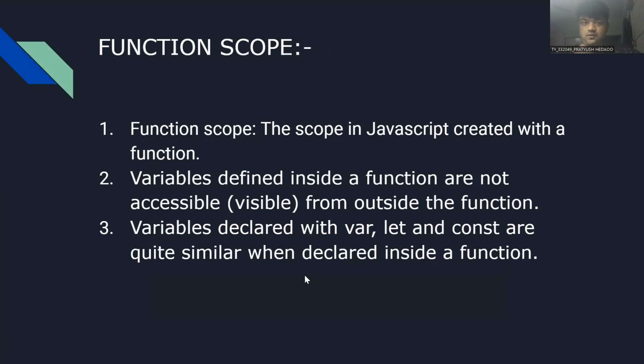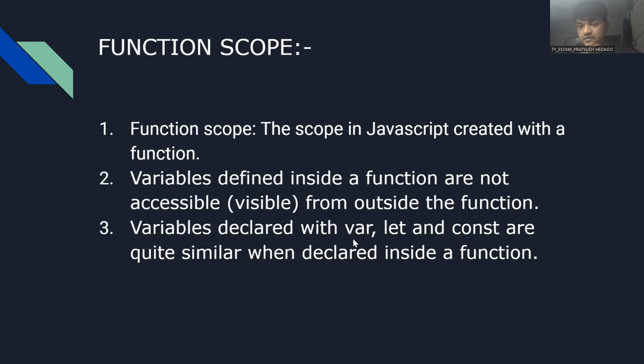Then we come to function scope. So what's the deal with function scope? If we compare it with local and global, function scope is only for the function. Once it's declared for the function, the value is going to be used when executed. So there are three keywords: var, let, and const.